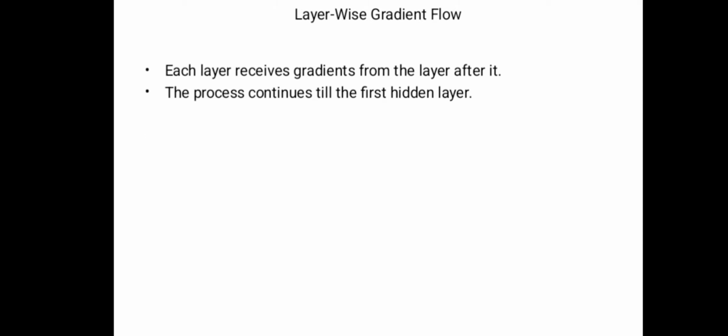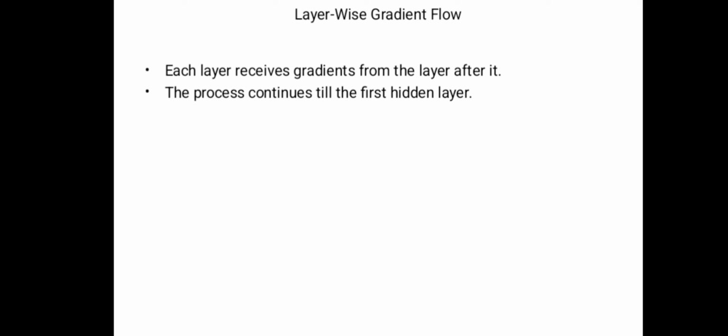Next, layer-wise gradient flow. Finally, let's understand how the gradient flows through the layers in a deep neural network. During backpropagation, each layer receives gradient values from the layer after it. These gradients are used to adjust the weights at the current layer.